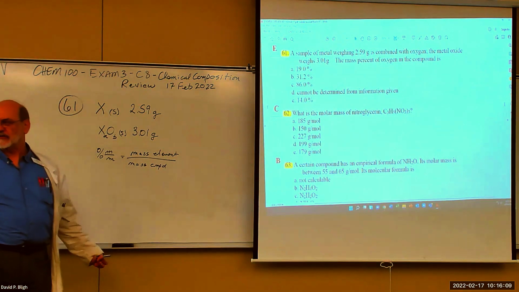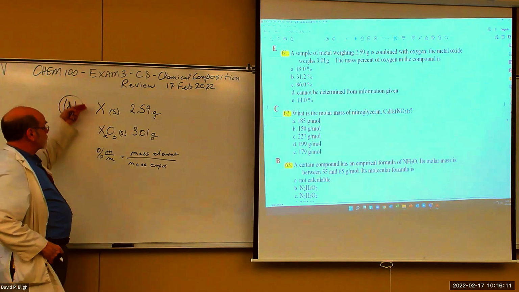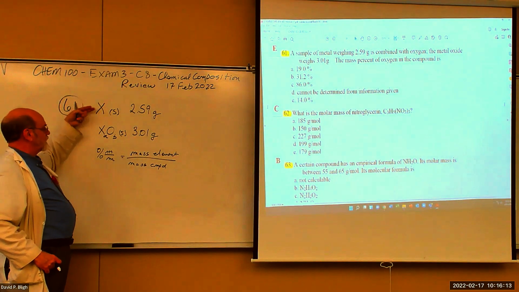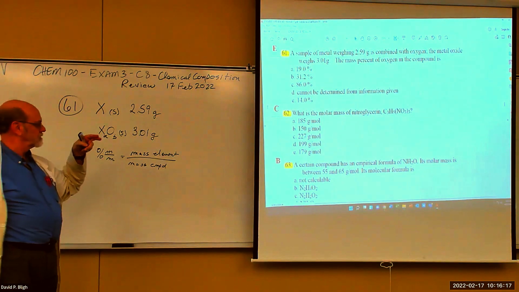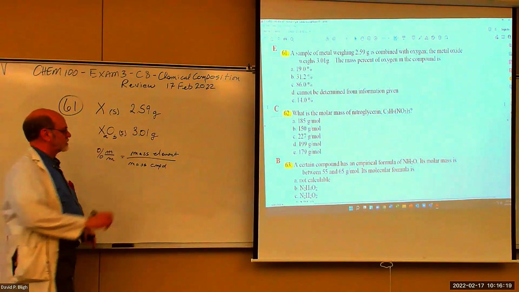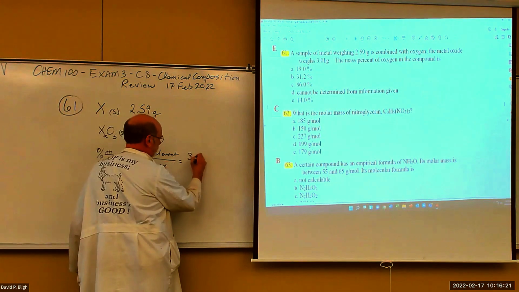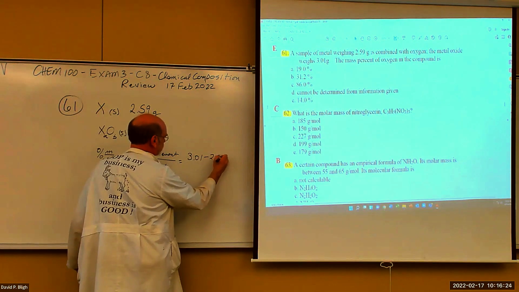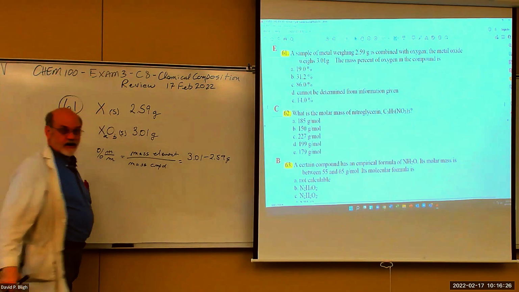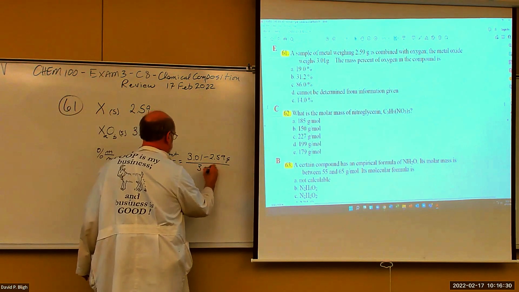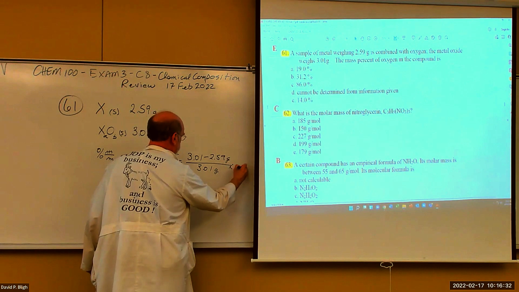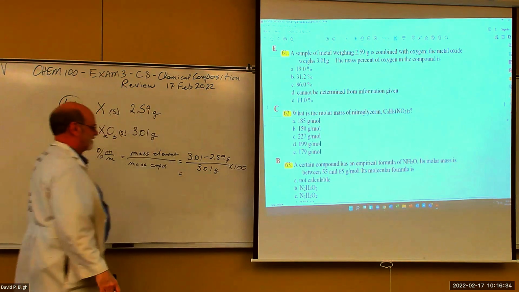Well, we're looking for oxygen, right? If this is what the metal was before, and this is what the compound was after, how much does the oxygen weigh? It's this one minus that one. That's the mass of the oxygen. And this is the mass of the compound. Times 100. Okay?